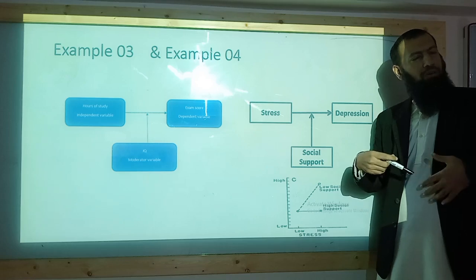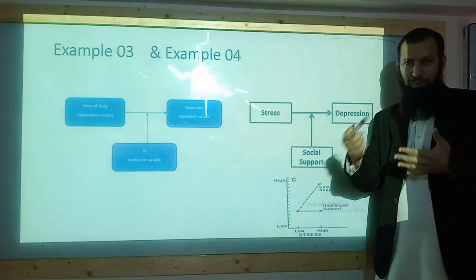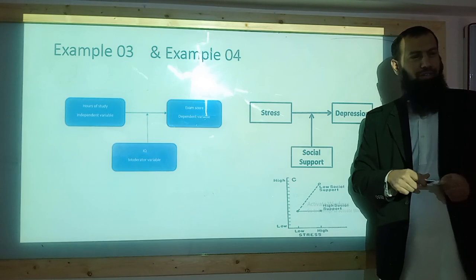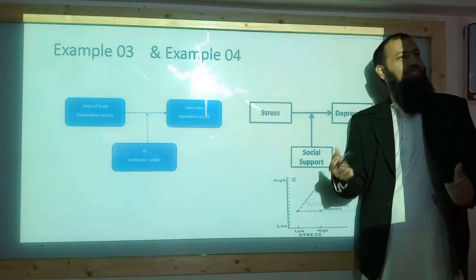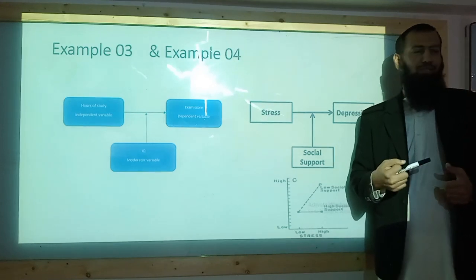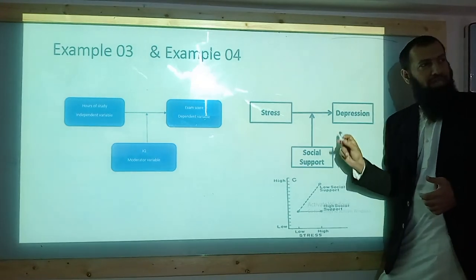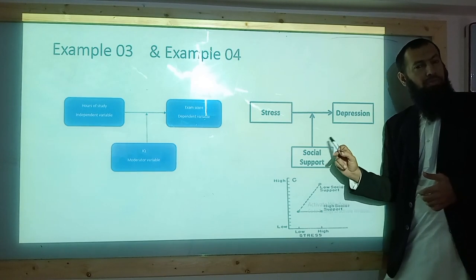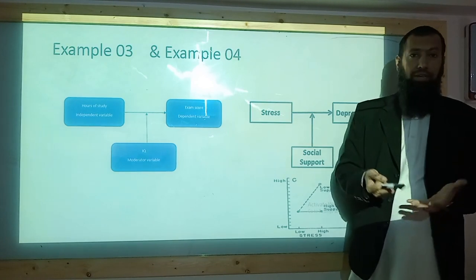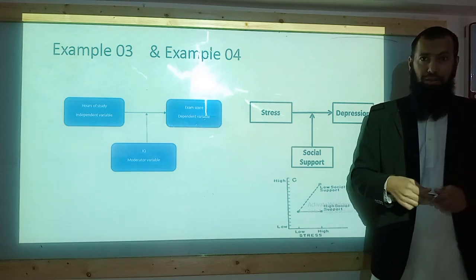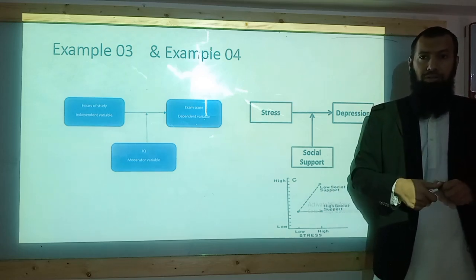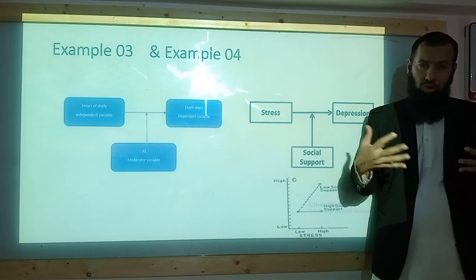In fact, how you speak to each other cannot be interpreted by anyone. People call different names to each other, and they enjoy that. So what is that? It is basically social support. They discuss with each other their problems, their challenges of life, and they solve their problems with each other.